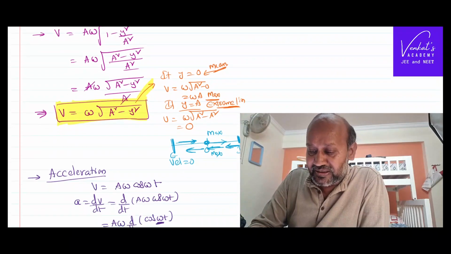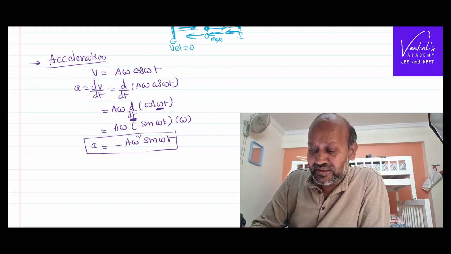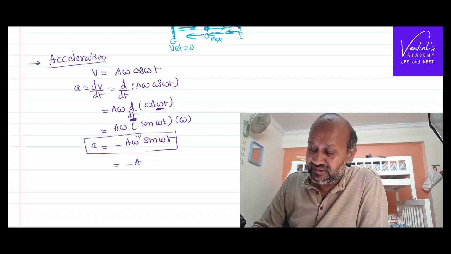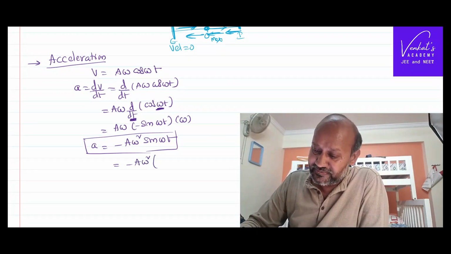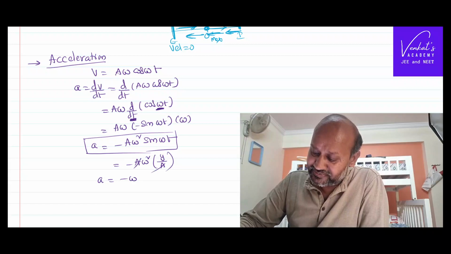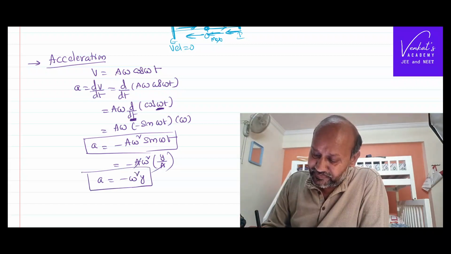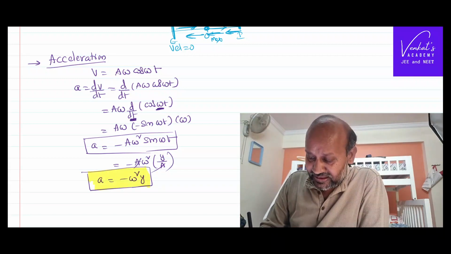I can just substitute that value here: minus a omega square into sine omega t, which is y by a. This a and a will be cancelled. So acceleration is equal to minus omega square y. That's the expression for the acceleration of a body in simple harmonic motion, where omega is angular velocity.